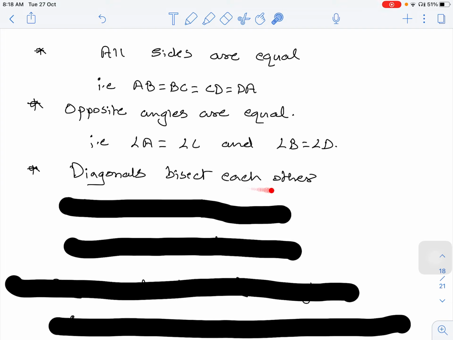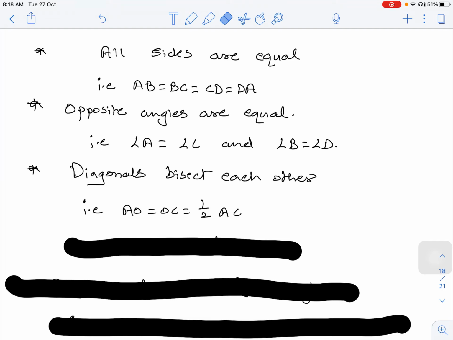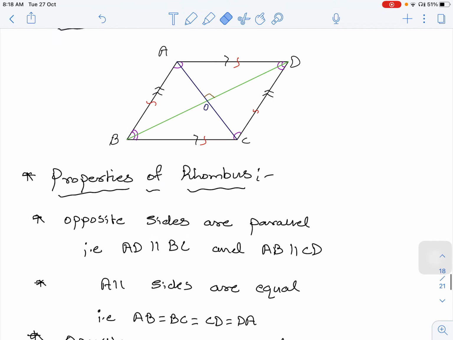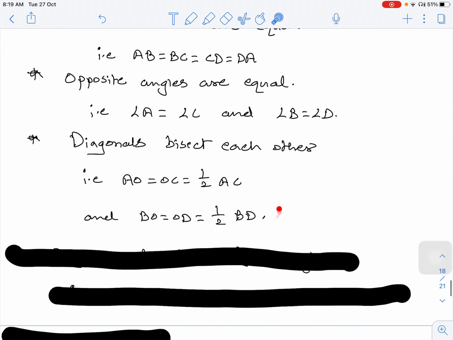It is also a property of a parallelogram. But here, let us see it. If the diagonals bisect each other, then what do we get? We get that AO is equal to OC and each one of them is half of AC. Similarly, we get BO equals OD and they are each half of BD. Okay, so that we have written over here.